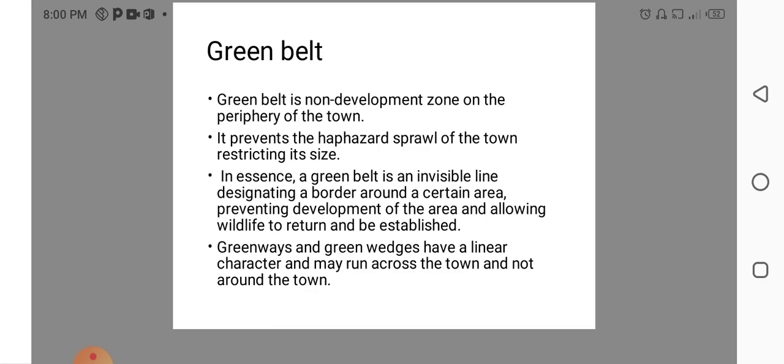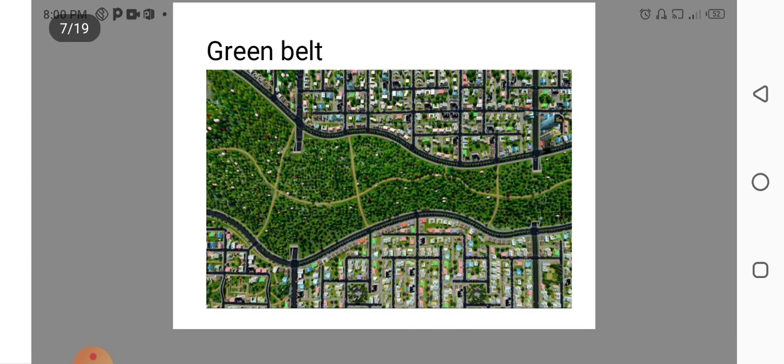Greenways have a linear characteristic and may run across the town and not around the town. You can see the periphery of greenery prepared around the town where wildlife can live their happy life.